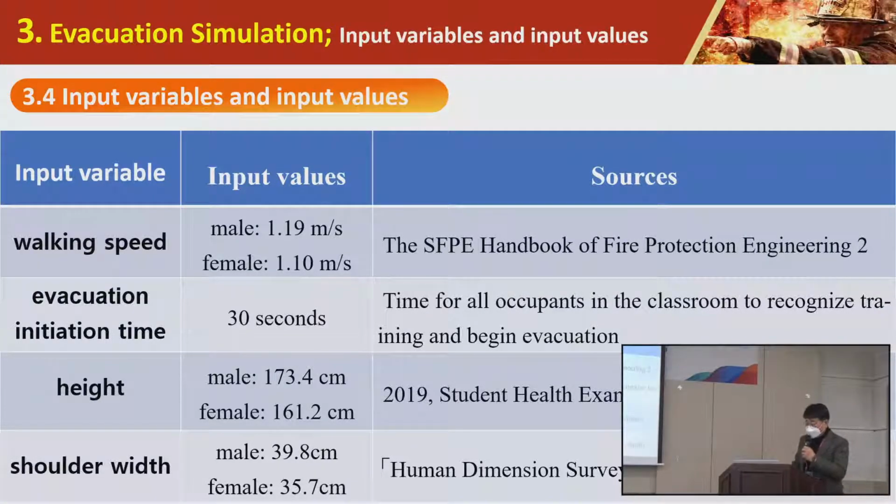So, evacuation initiation time is 30 seconds. This table shows input variables and input values. In the specified evacuation simulation, walking speed male 1.19, female 1.1.